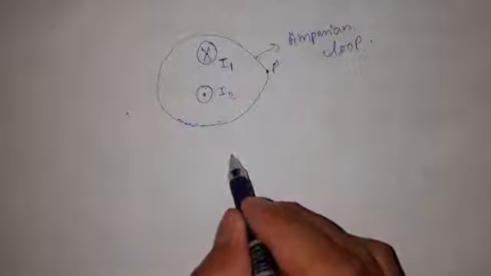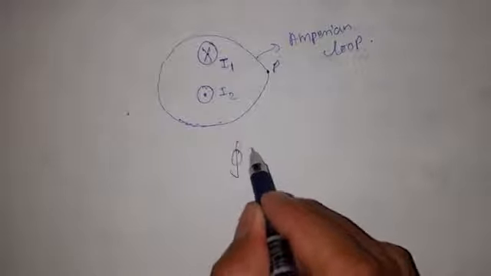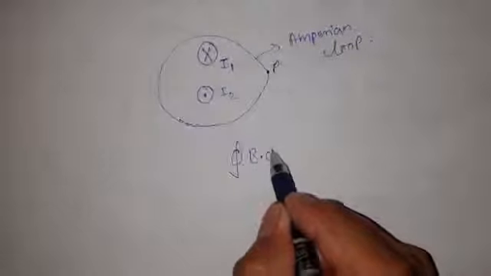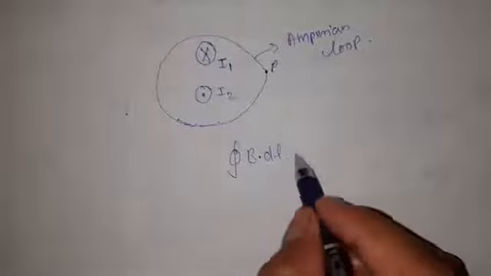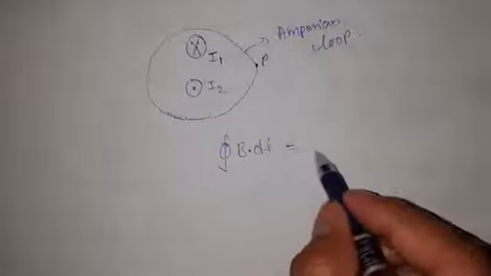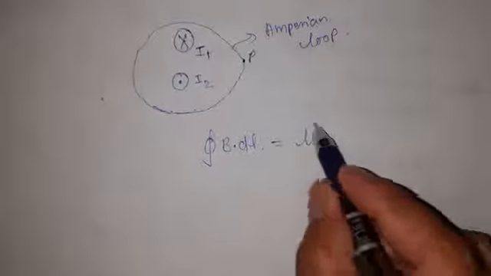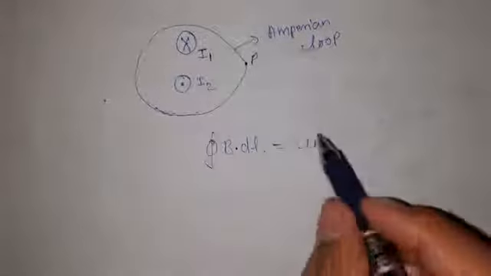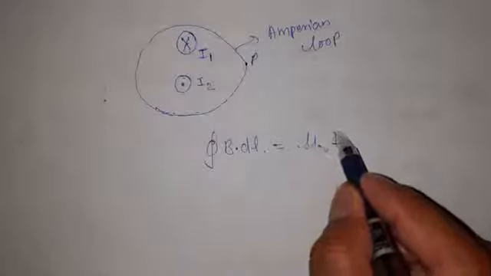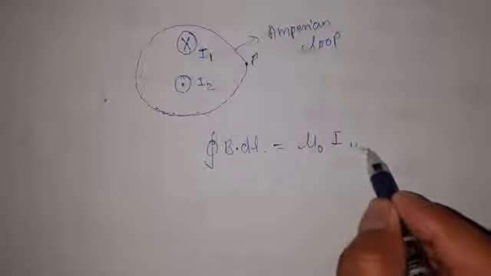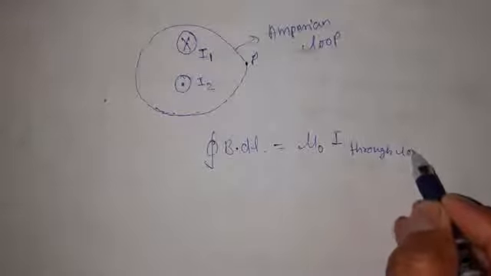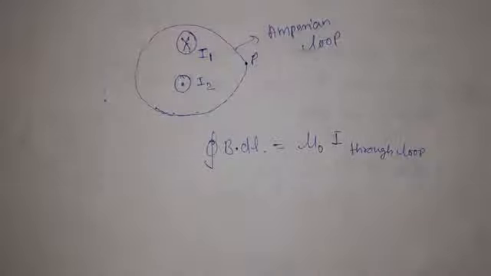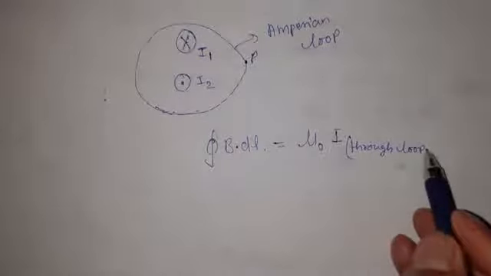It is said from Ampere circuit law that it will be the line integral of this magnetic field on that closed loop. So it is equal to μ₀ times the current through the loop, that is, how much current is going through that loop. Okay, so this is that current over here.